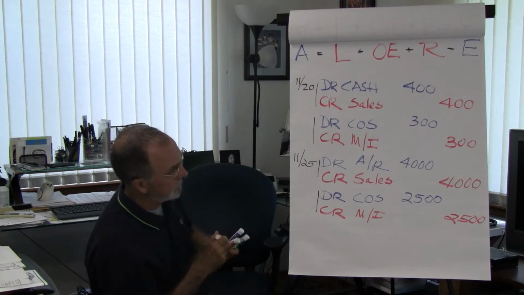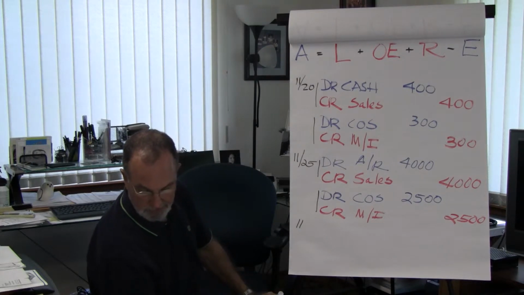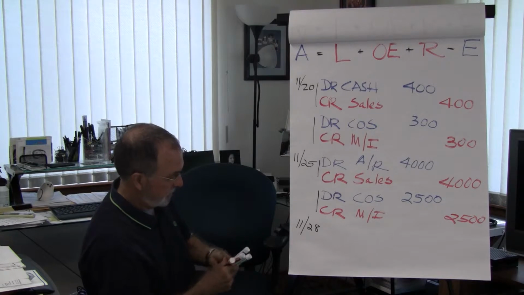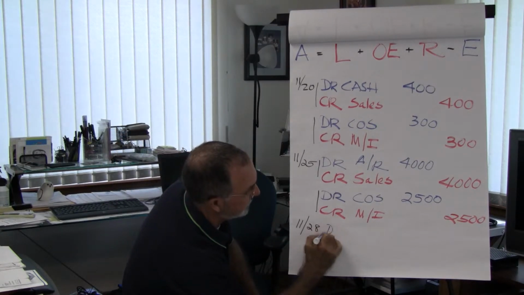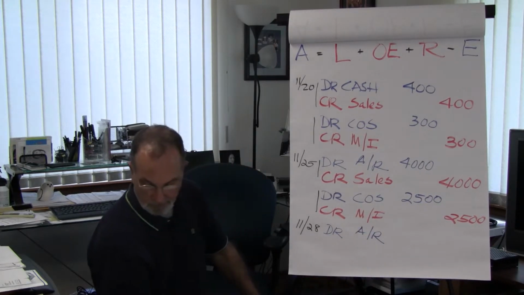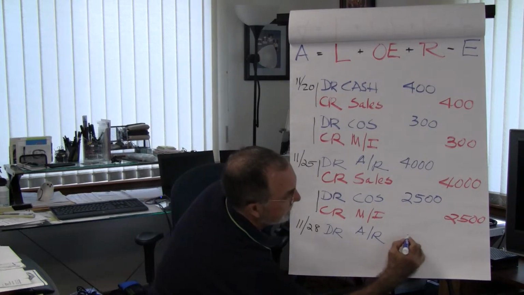So I'm just going to write those accounts in quickly. On the 28th, we have a debit. This is a transaction to a different customer. A debit to accounts receivable, and that sale amount is for $6,000.